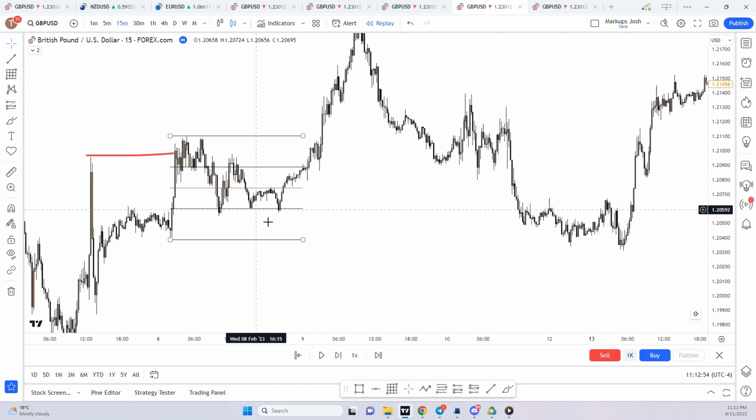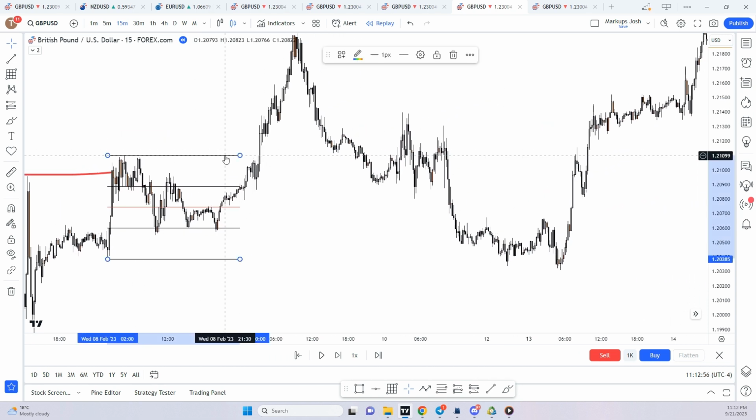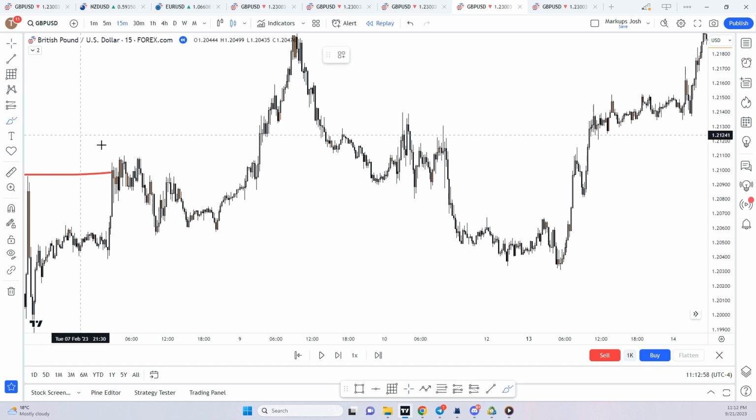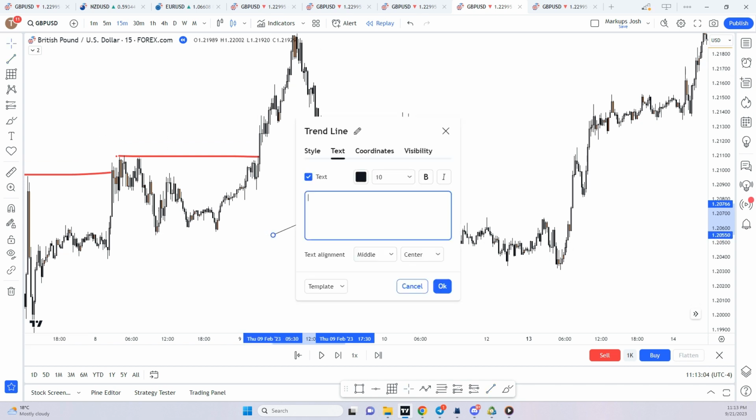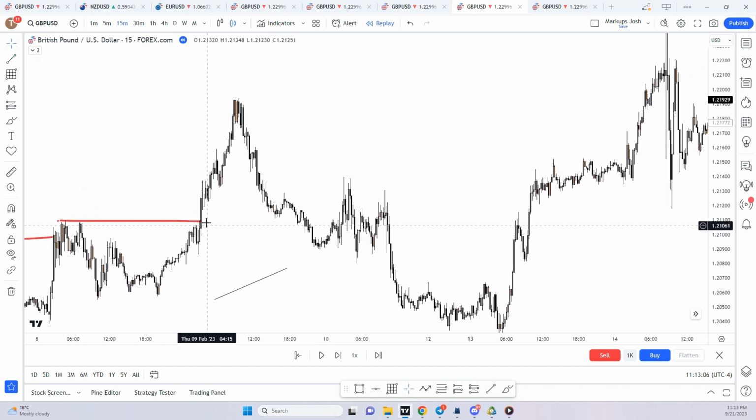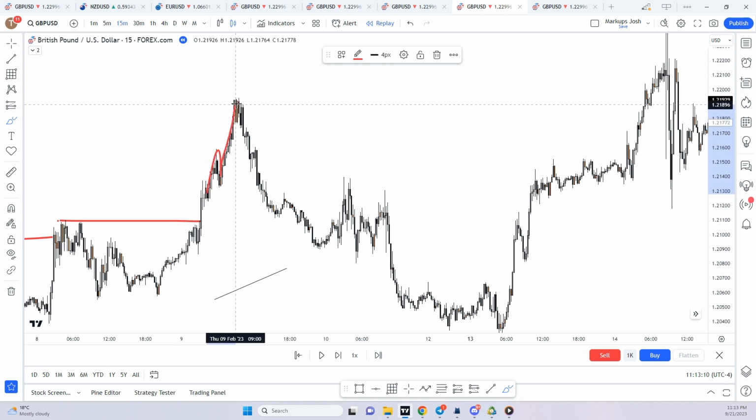The lower 30% of the range. We give another break in structure. We don't pull back to the lower 30% of the range. We just continue up. We give another structure, then we give a break in structure.